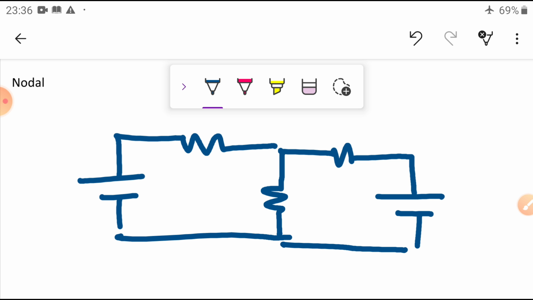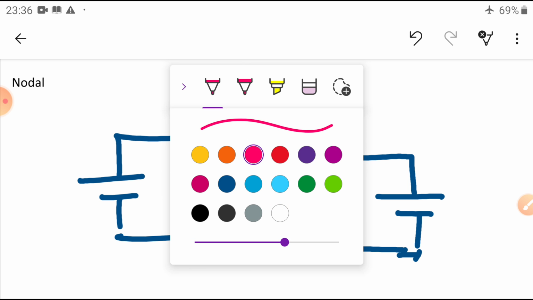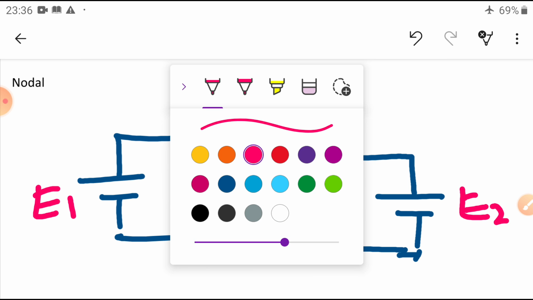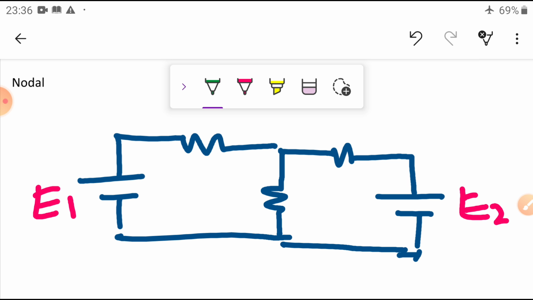Let us assume this is E1, this is E2, and the resistances in the circuit are R1, R2 and R3.